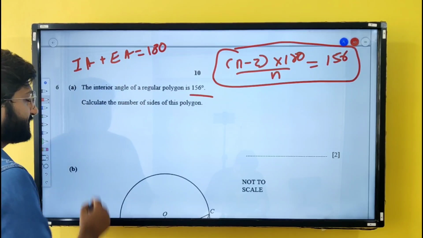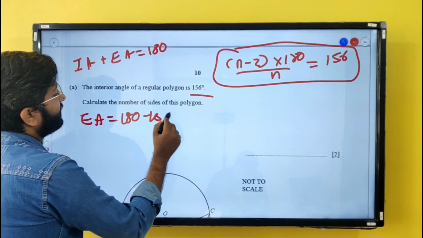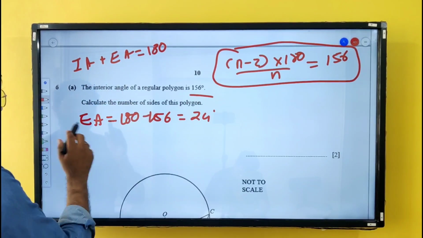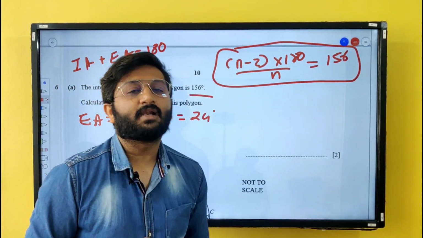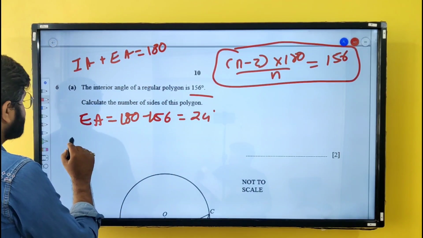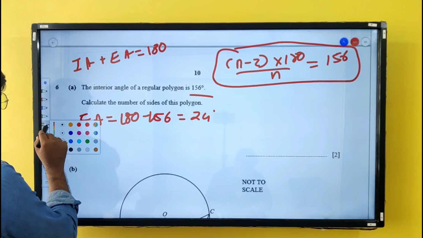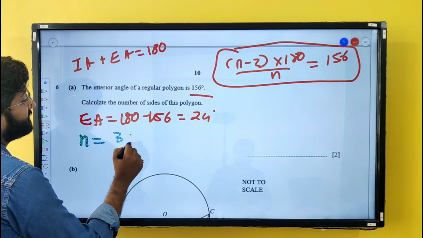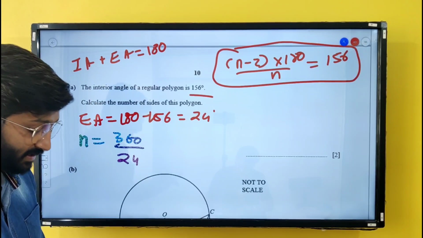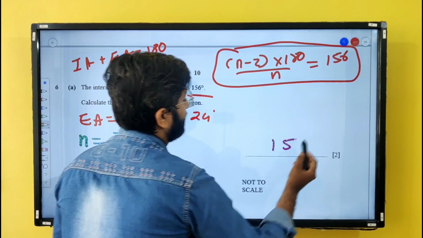So if this is 156, my exterior angle is going to be 180 minus 156, which is 24 degrees. And the sum of all exterior angles is 360. So n is given by 360 upon 24, or 360 upon each exterior angle, which is 15.